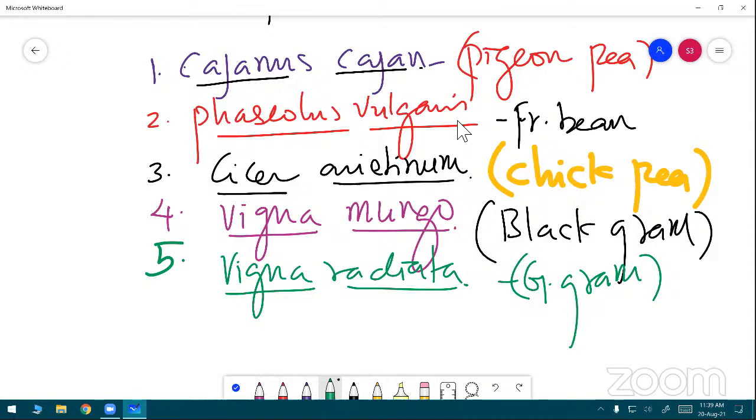And one more, that is Vigna unguiculata. One more variety I want to mention.